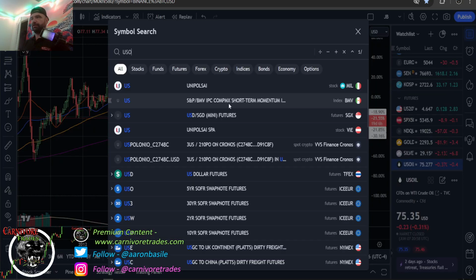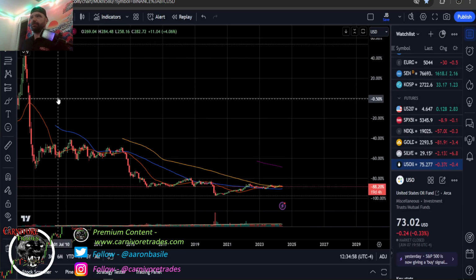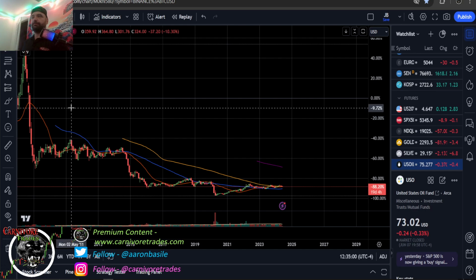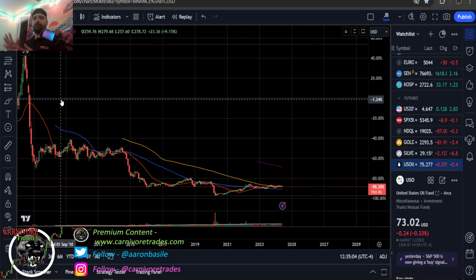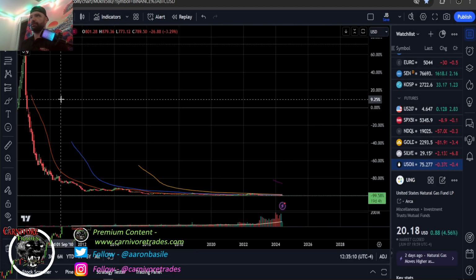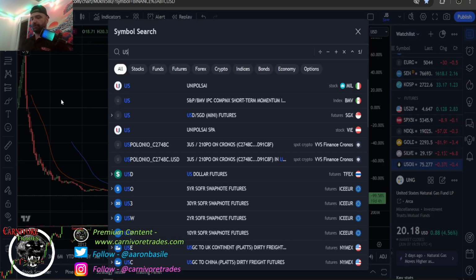USO, if you're not familiar, is really a horrible ETF for tracking the price of oil over the long term. It has a ton of decay in those contango contracts. UNG is very much the same in the nat gas space, even worse actually.